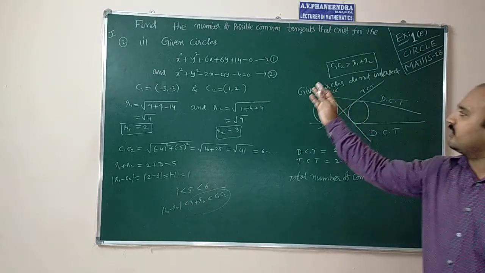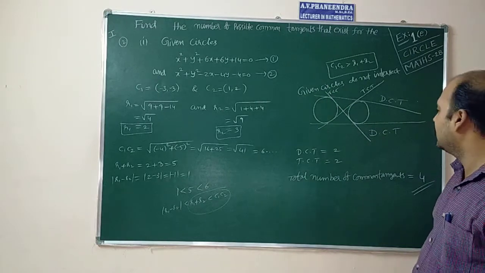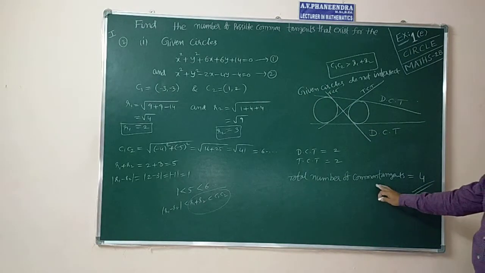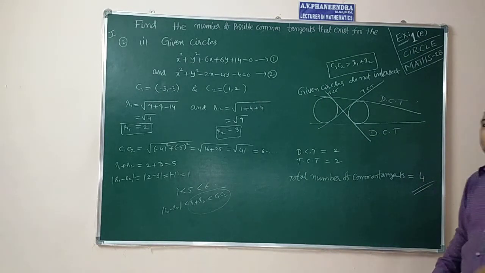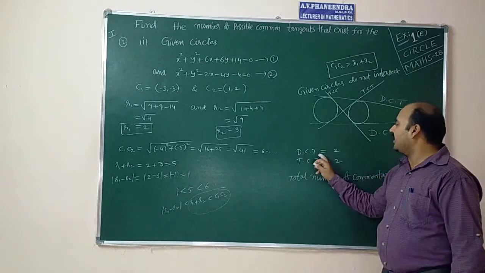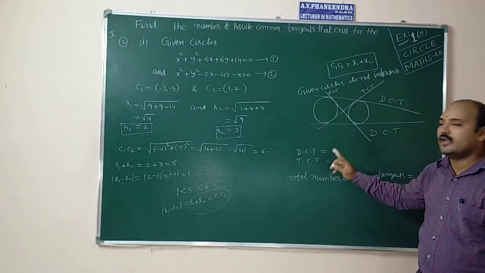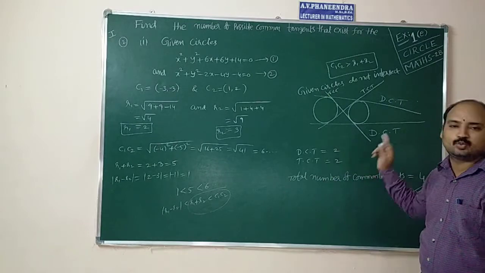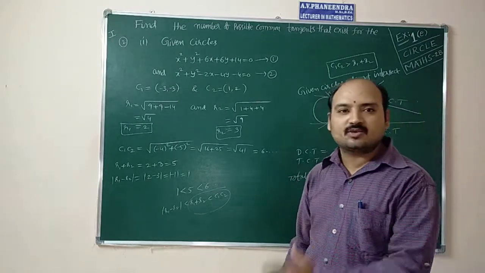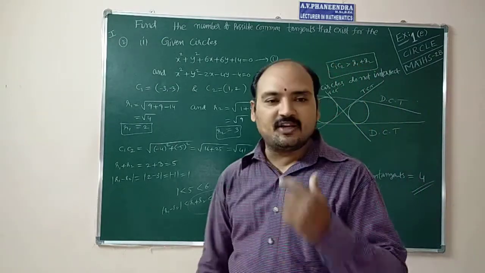According to the given pair of circles, the number of common tangents is 4. Particularly, the number of direct common tangents is 2 and the number of transverse common tangents is 2. One more problem based on this concept we will discuss.